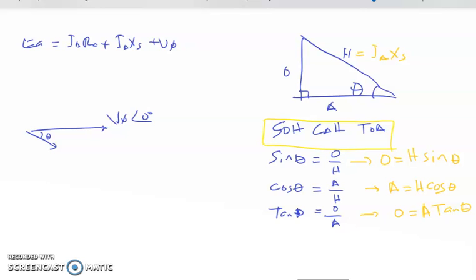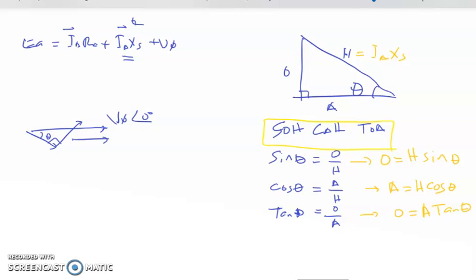Then our IAXS will be at 90 degrees to the current, at the certain power factor.